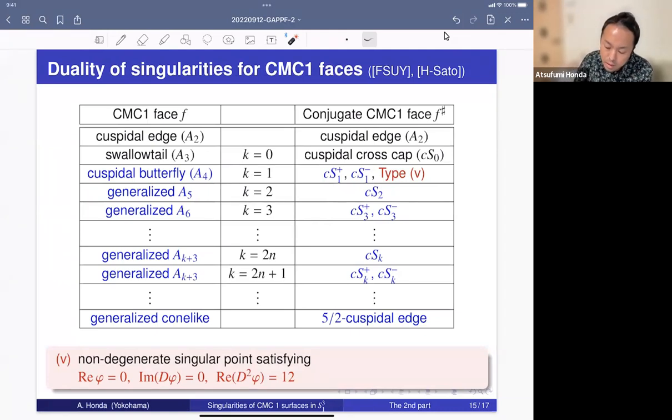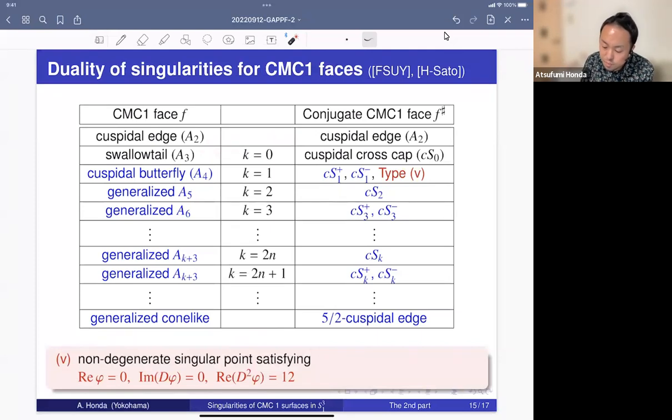As in the case of maxfaces, the dualities of singularities are the same, but for A4 butterfly singularities, we can prove that the conjugate surface must have one of CS1 plus or S1 minus singularities, or type 5 singularities.